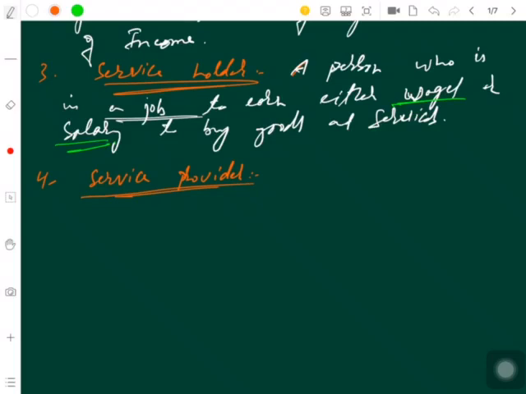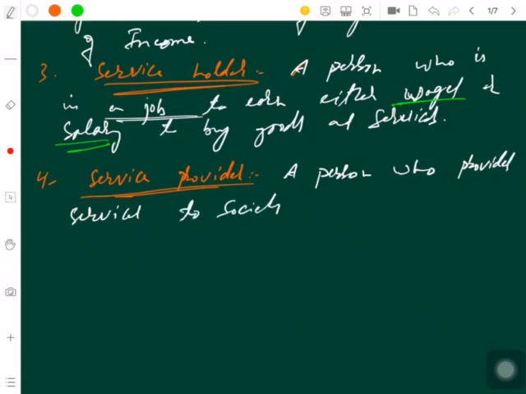A person who provides services to society. He is also doing it to earn something, that means to earn money.